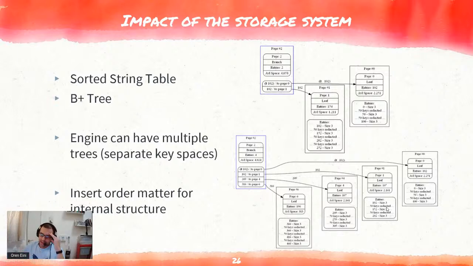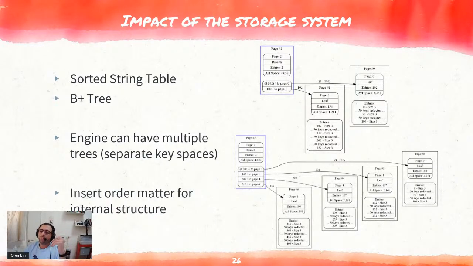There are a lot of details here that matter. For example, you may have multiple trees instead of just one. In RavenDB, for example, everything is just one single key space, and we may use prefixes to manage that. Other systems have multiple key spaces. For example, a table in a relational database would typically be its own B-tree.